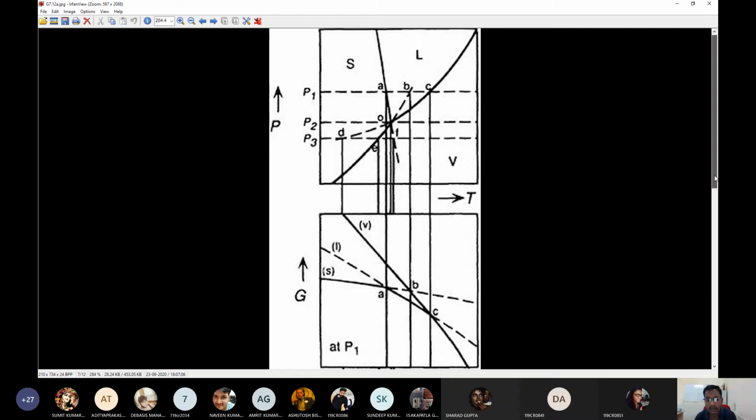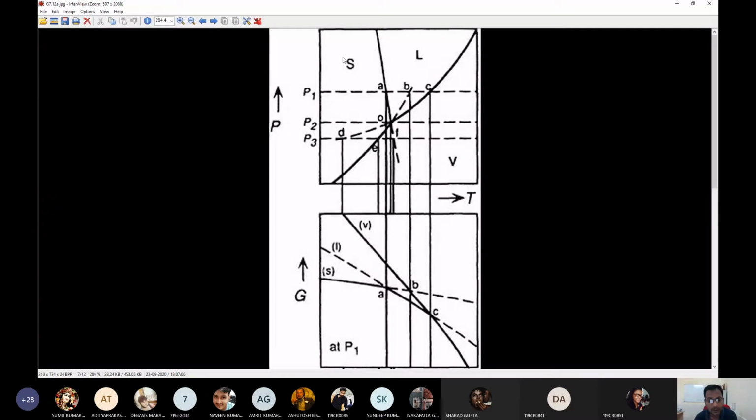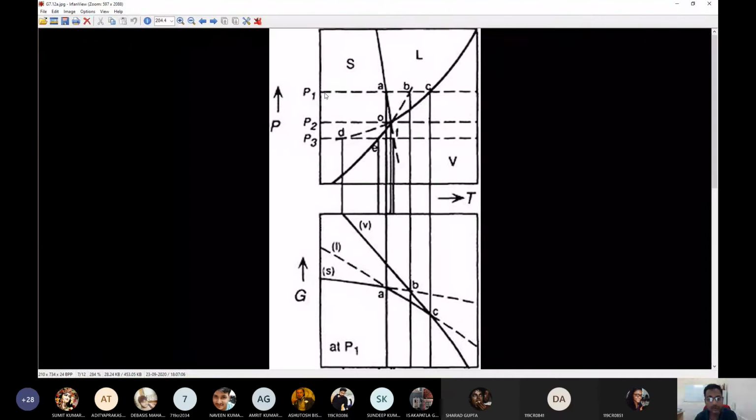Okay, now if you look at it, at P1, from temperature this to temperature this, solid is the most stable state. Why is that? Because this line runs through the primary phase field of the solid phase, right?